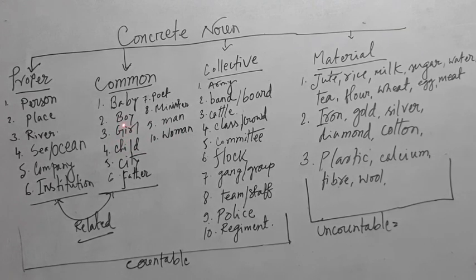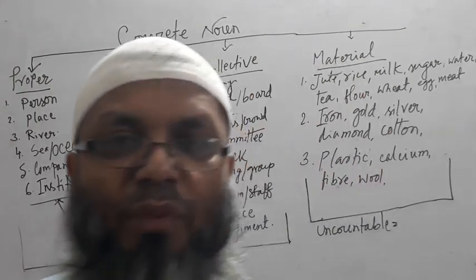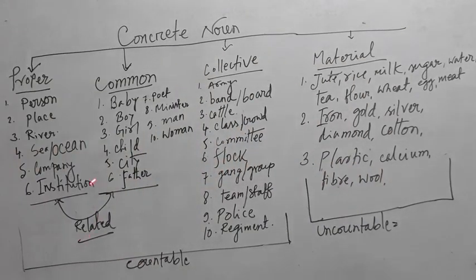That's why girl, and then child. And city also. City means all of the cities. And if you tell Dhaka city, then it will be proper. And father means all of the fathers. But whenever I tell you the name of my father is Mr. Karamod Ali, then it will be a proper noun.